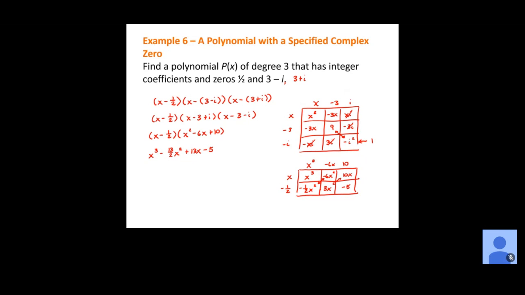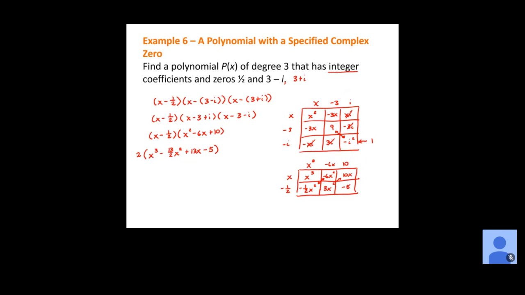Now, the only thing left at this point is it tells us we want integer coefficients. Well, I've got a fraction, right? I've got a rational number instead of an integer as one of my coefficients, so I need to get rid of that. But remember, we're allowed to multiply a polynomial by any factor that we want that's not going to change the zeros, right? So in this case, to get rid of that fraction, I can just multiply this whole thing by 2.